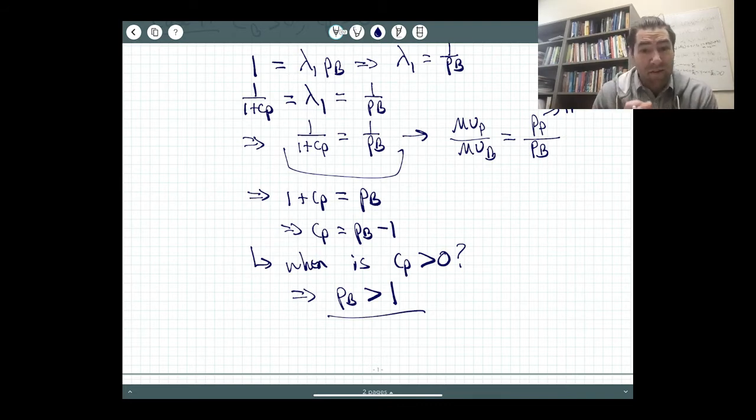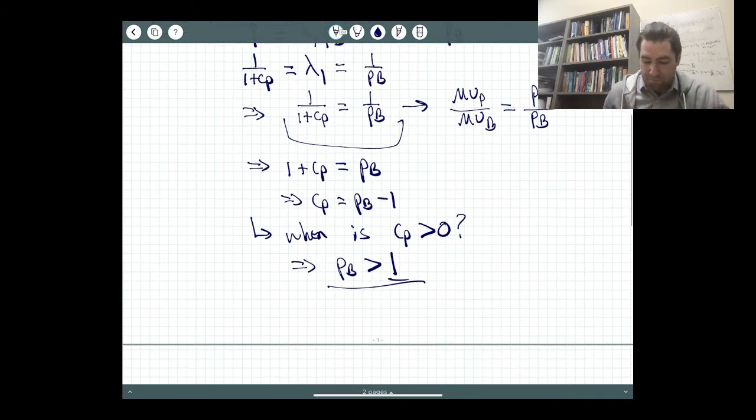PB is the price of beer relative to the price of pizza, with the price of pizza being 1. So if the price of beer is greater than the price of pizza, then my consumption of pizza is going to be strictly greater than 0. I don't want to set pizza consumption equal to 0 because pizza is the cheaper good here, so I'm going to tend to move toward pizza consumption. I'm going to consume pizza as long as beer is expensive enough relative to pizza. And that's what we found there.